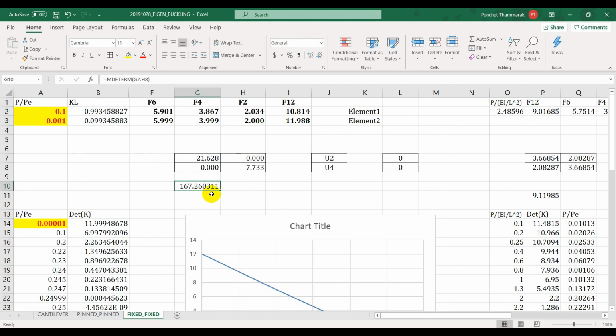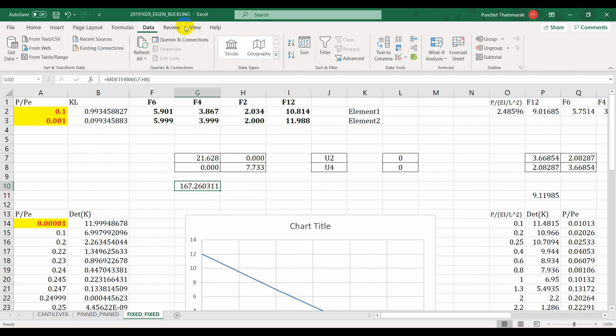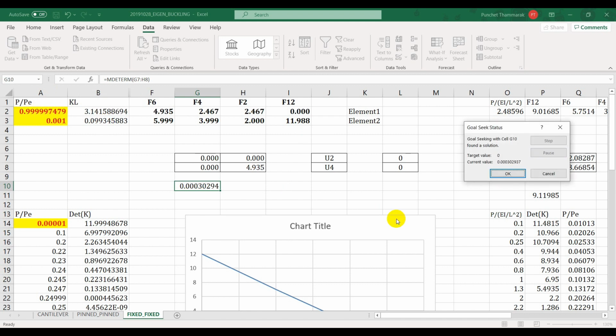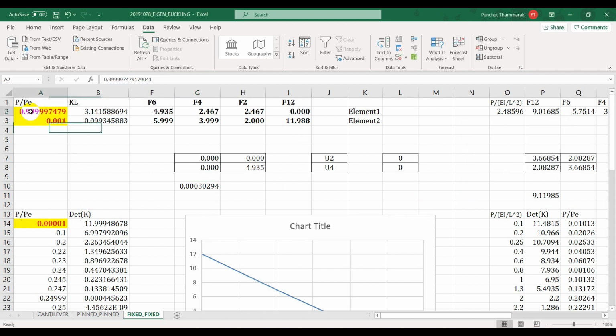Okay. So let's do the goal seeking for the buckling load. Go data, what if analysis, goal seek, you need the 0, and we change this one. Okay. The PO/PE ratio is 1. Now, keep in mind that you discretize the member into two pieces, L/2 and L/2.